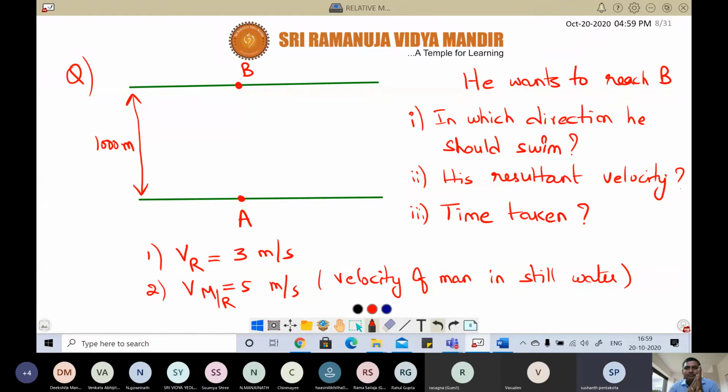Anybody has done? Sir, I got the second and the third bit, sir. First one I'm doing. Second one, how much you got? Sir, root over 34.